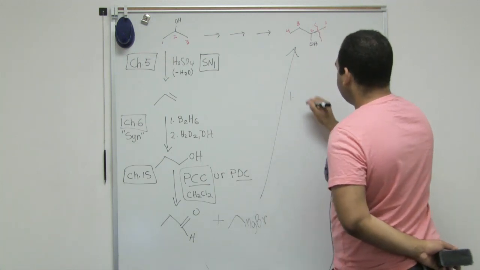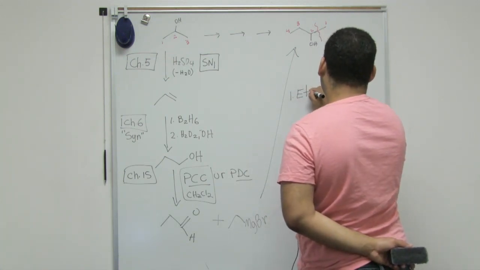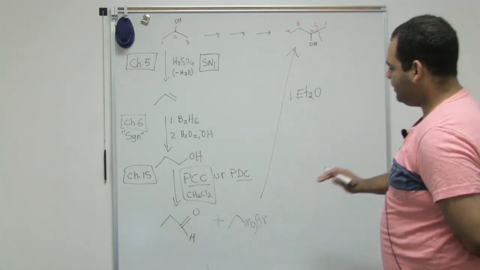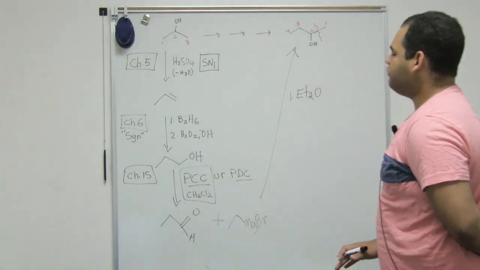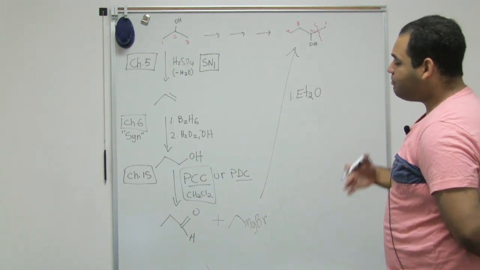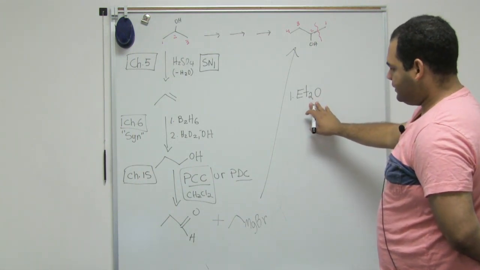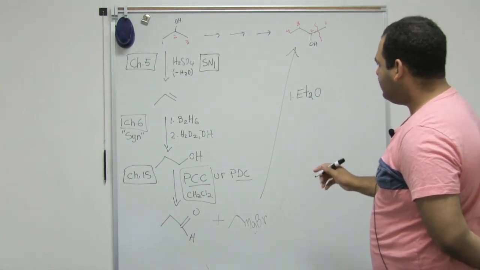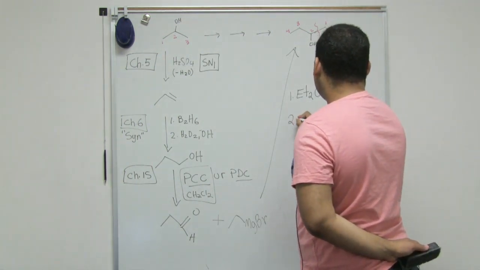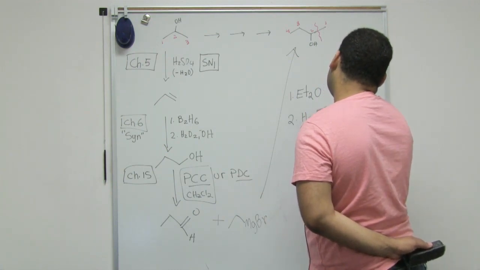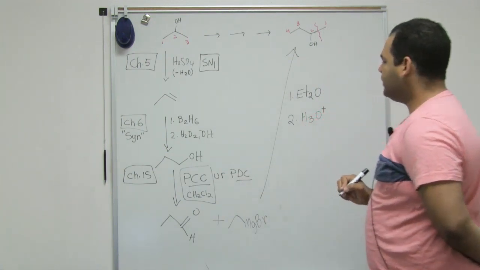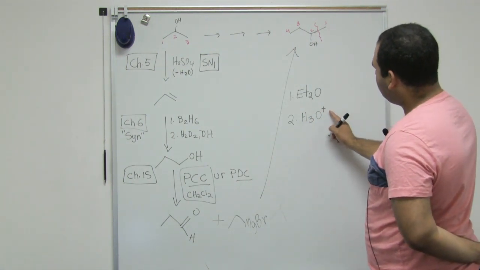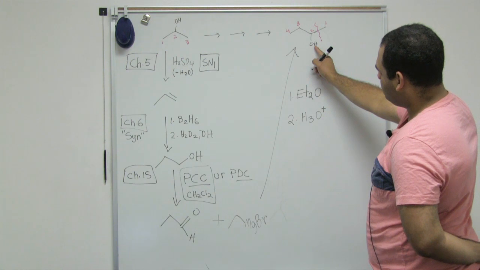In the first step, I'm going to use diethyl ether. I do not want to use water at all because I know that water will mess up my reaction. And if I want to make the yields even better, I need to use anhydrous diethyl ether as my first step. Once I have my intermediate, I can use step 2, which would be an acid. The acid will protonate it back, so we're going to have a proton transfer to this particular molecule.